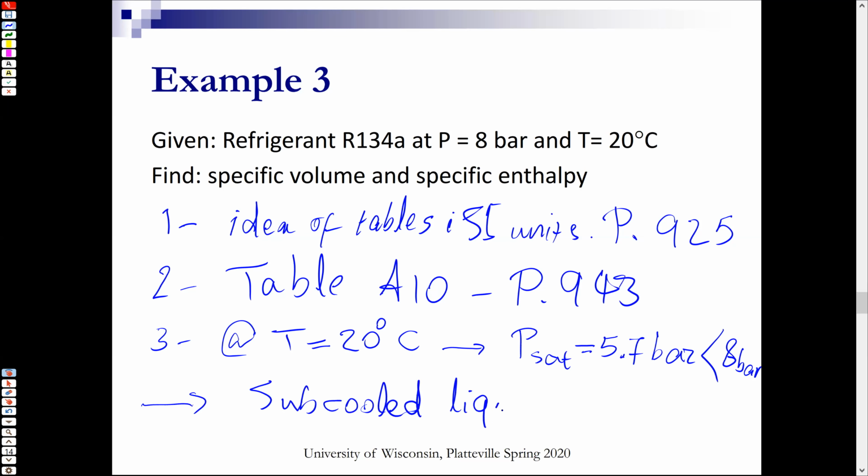In your homework and exam, I want you all to prove what the phase of your material is at the first step, and then you can go and find the properties.